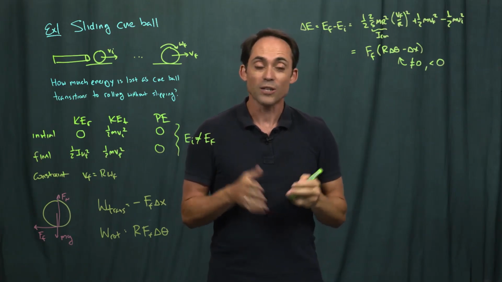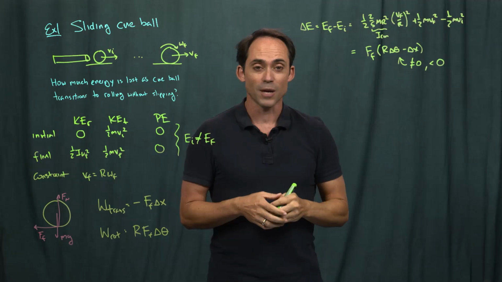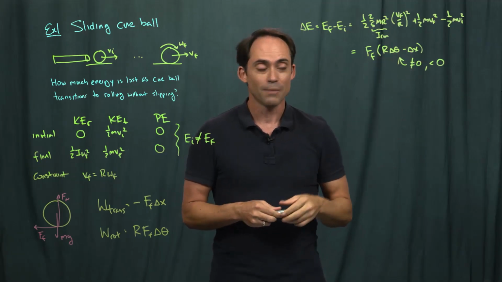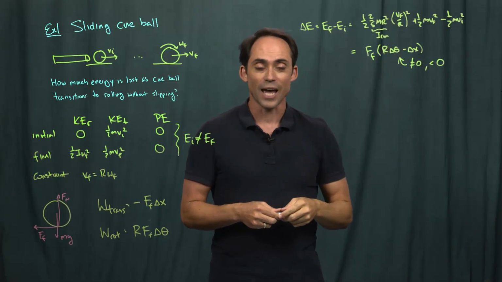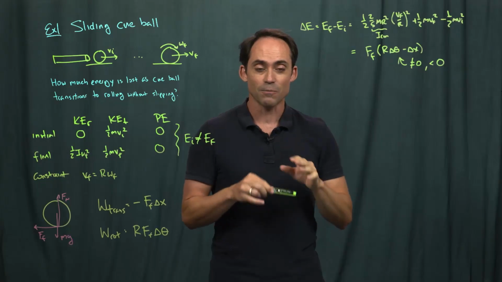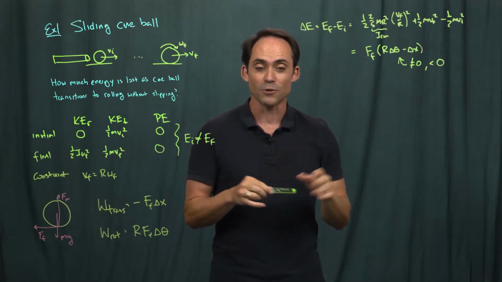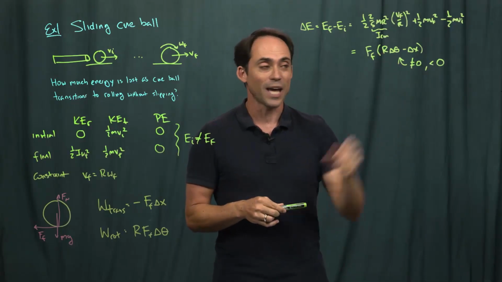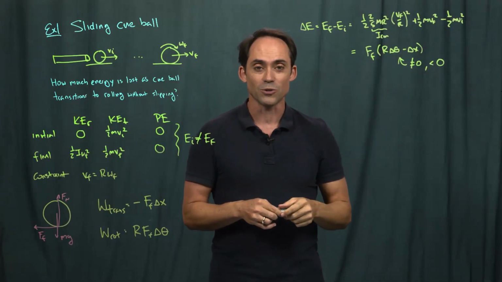And at this point we're a little bit stuck from the energy perspective because we don't have an easy way of calculating the relationship between the rotational angle and the displacement. One of the great things about having these different axes being independent of each other is we can solve those equations separately. But in this case it kind of hurts us because we can't easily write down a relation between these two.